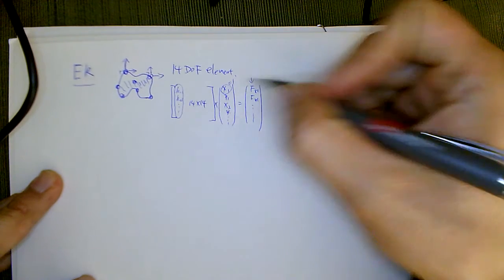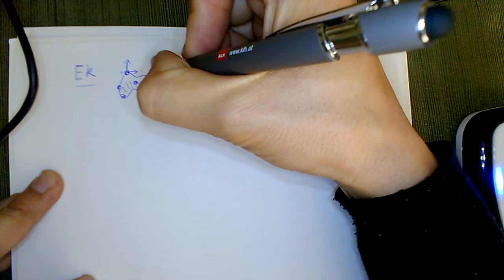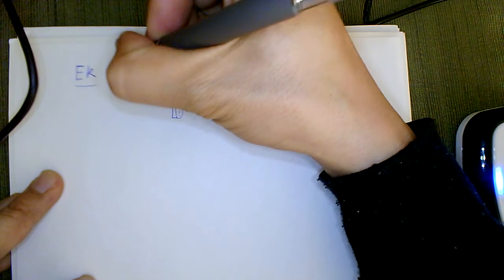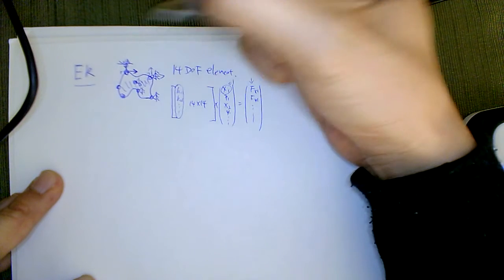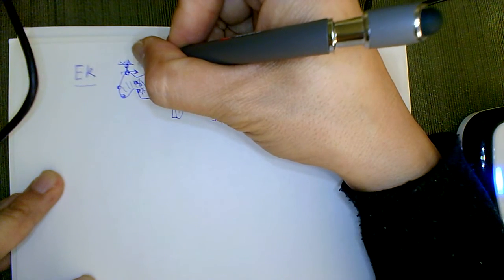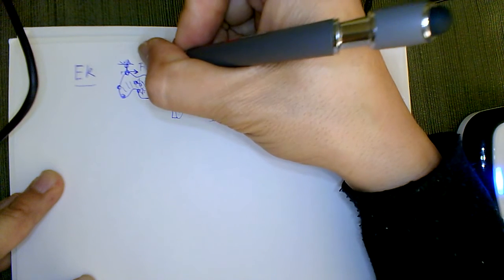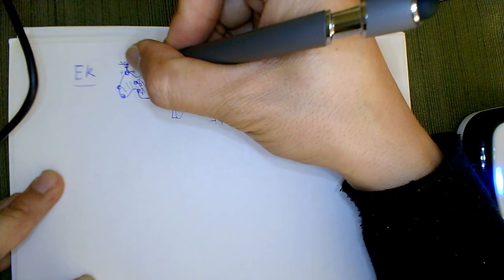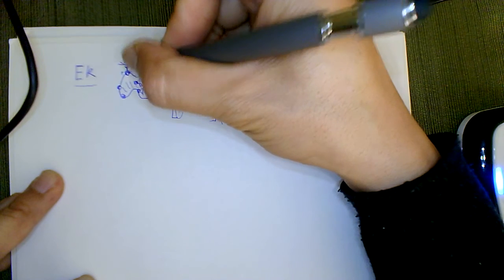So basically, I can take this element and fix all the other nodes. Then on node number 1, you fix it in the y direction, and you apply some force, which you don't know yet, and force this thing to move 1 here.